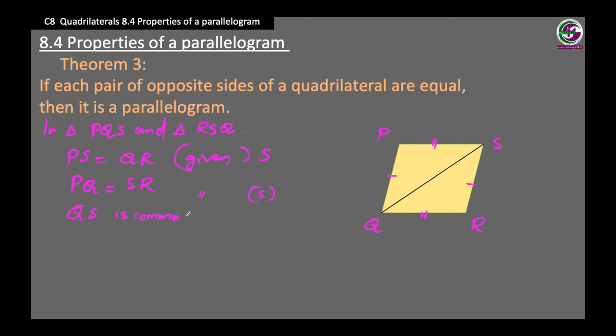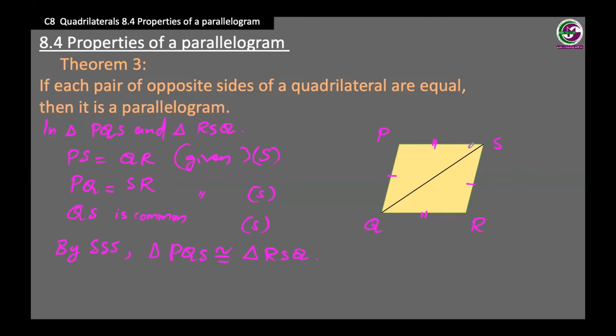So what do we have now? By SSS, these two triangles are congruent. PQS is congruent to, starting from P, so here we have to start from R, RSQ. These two triangles are congruent, which means corresponding parts are equal.